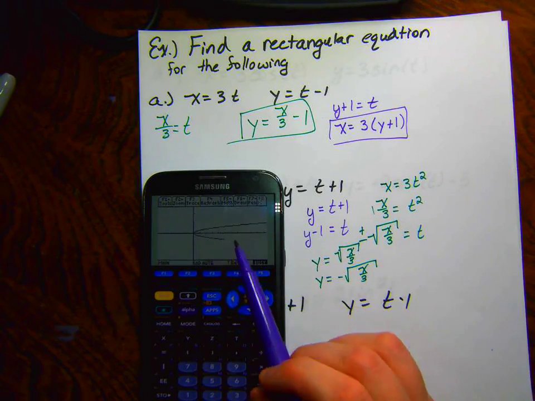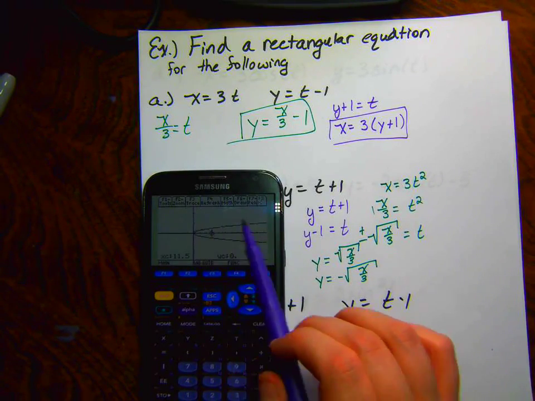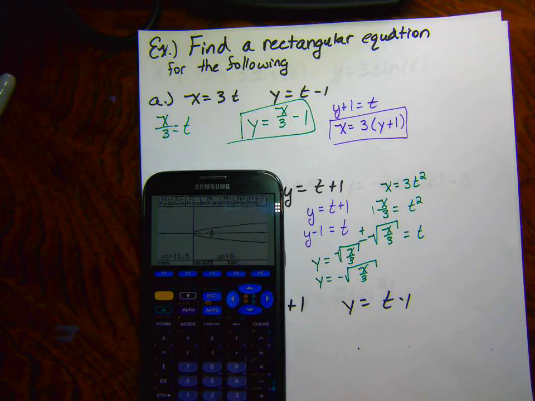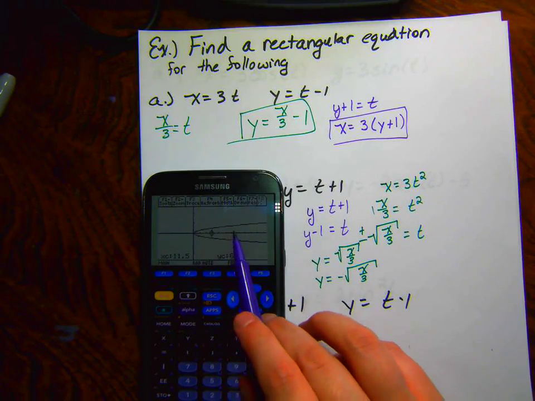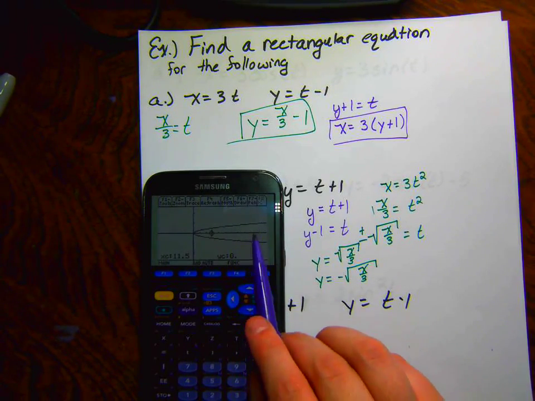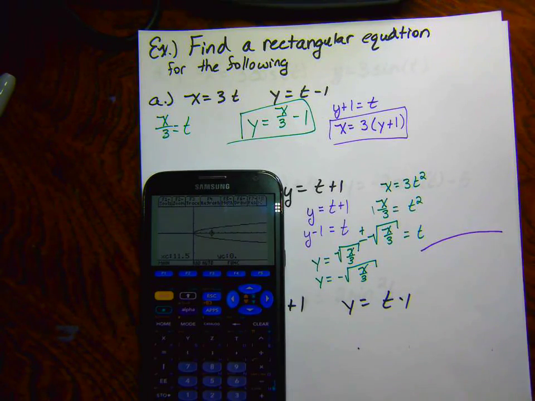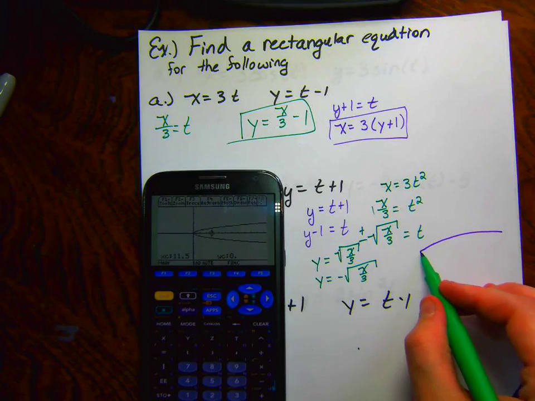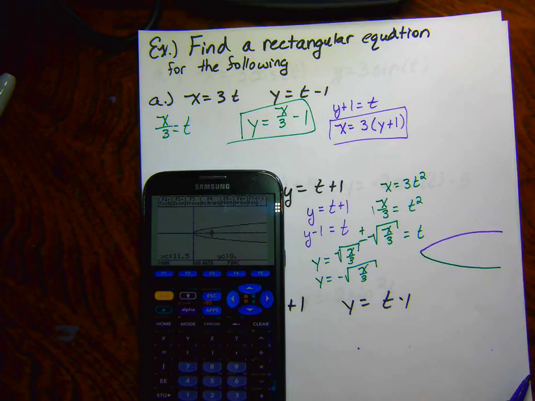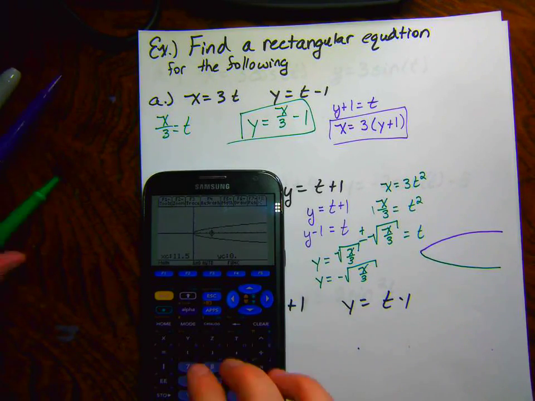See, when I graph this, I graph the top part first and then the bottom part. The reason it did that is because your calculator will only graph functions, so it has to graph the top part and then graph the bottom part separately. Okay?